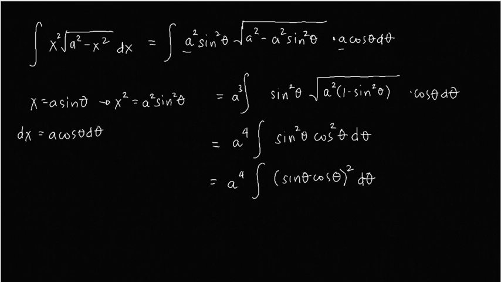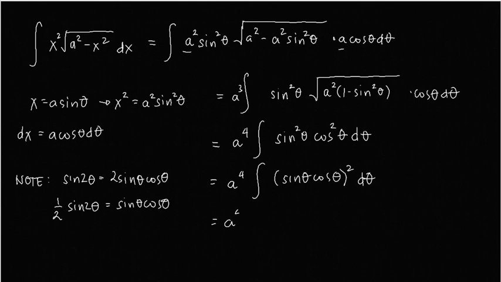And then remember, I will put it here on the left side. Note that sine of 2 theta is equal to 2 sine of theta cosine of theta. So that 1/2 sine of 2 theta is equal to sine of theta cosine of theta. We can replace it here, or we can substitute it here.